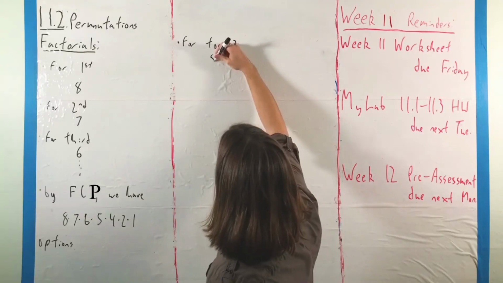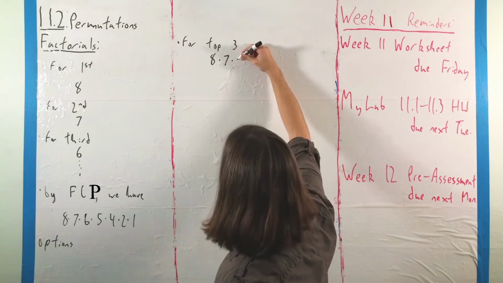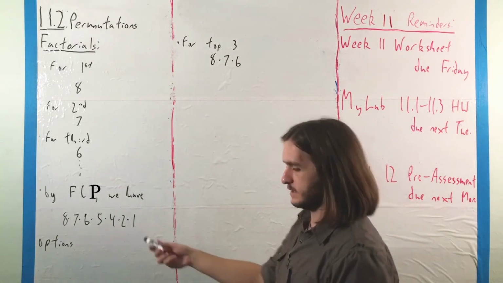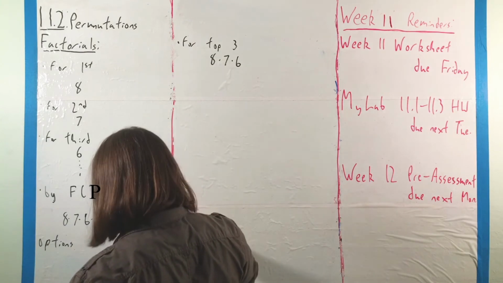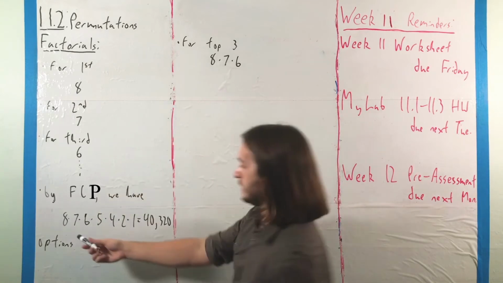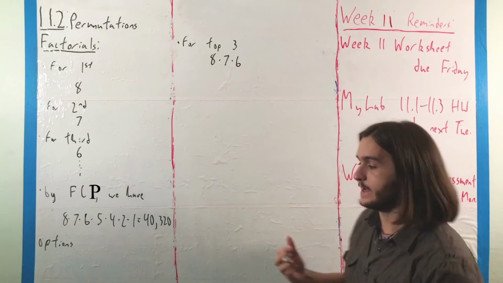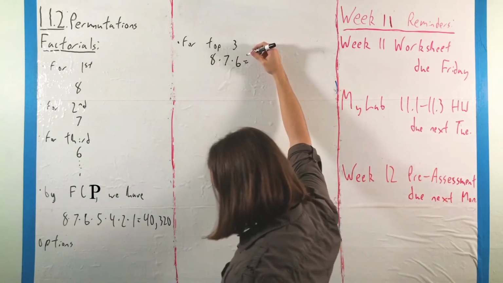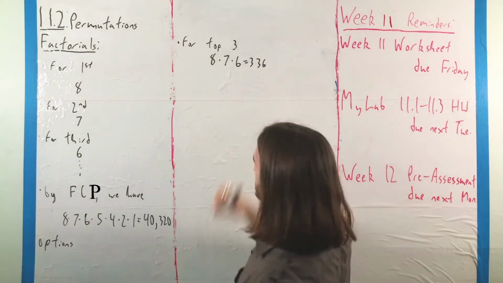We would have 8 options for first, 7 for second, and 6 for third, where if we multiply these terms out, you want to get it actually in terms of a number, we have 40,320 ways that we can get all possible arrangements for all 8 racers, whereas we would only have 336 ways to get top 3.